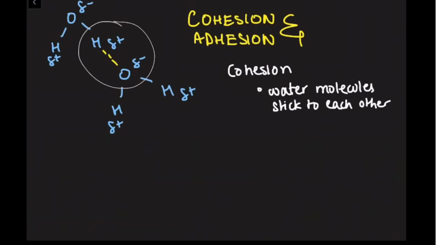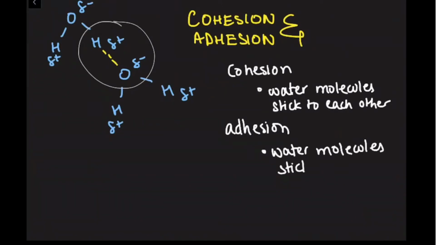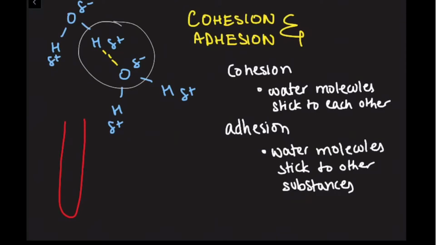Now, water molecules can also form hydrogen bonds with the molecules of other substances, and that's what adhesion is. Adhesion is when water molecules stick to the molecules of other substances. You can see this when you fill up a test tube with water.